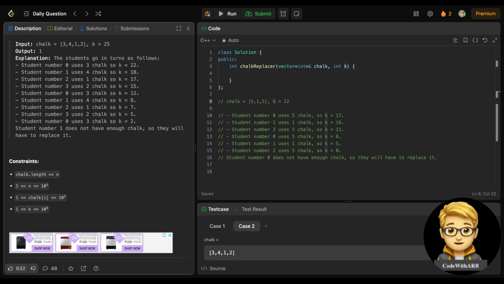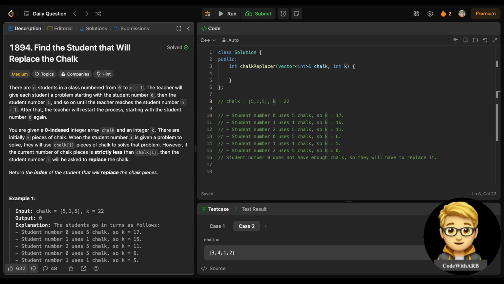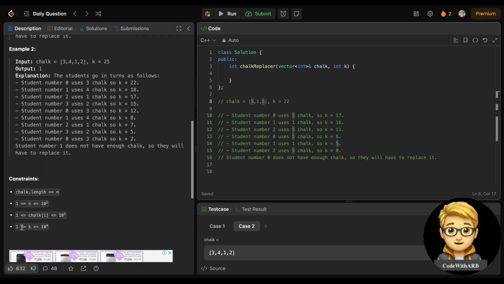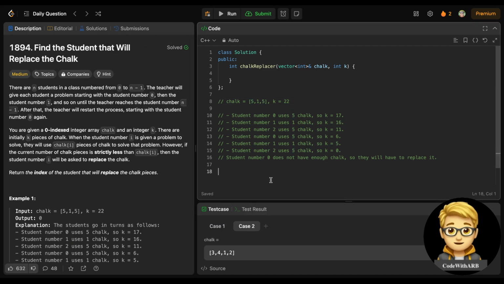So clearly you cannot simply use a brute force approach, iterating over each student again and again. You need to do something so that it does not go up to O(k). It should go at most to O(n).